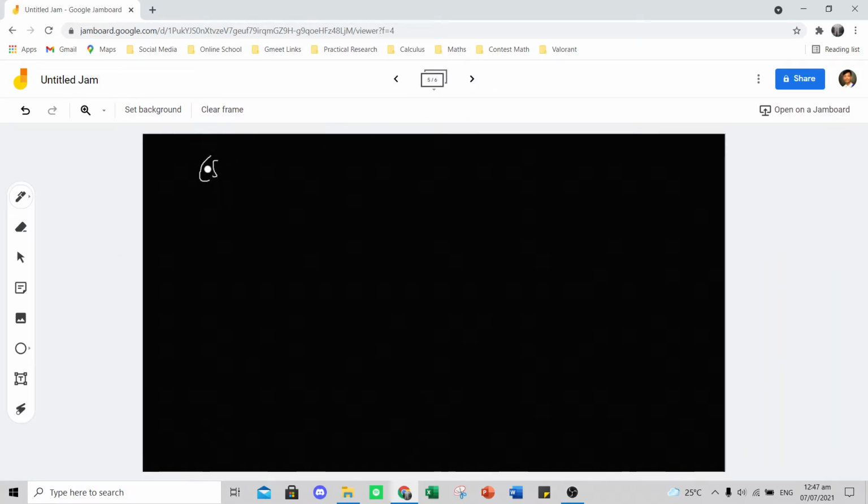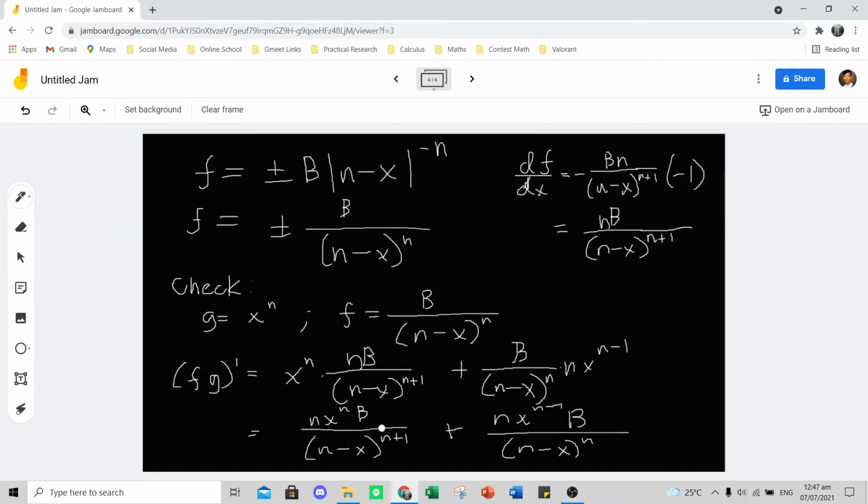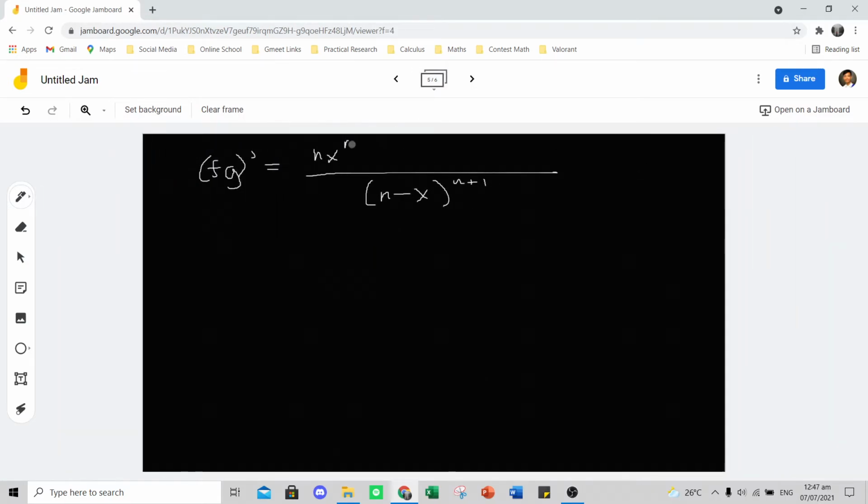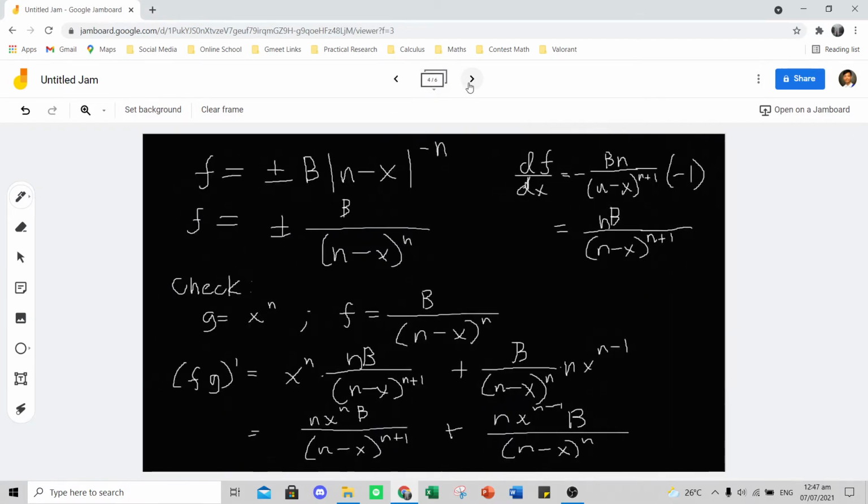So we end up with fg prime equal to, here, n minus x raised to n plus 1 in the denominator. And we can multiply by n minus x in the numerator of the second fraction and combine it with the numerator of the first fraction. So we have n x raised to n b, and then we add n times this, just n squared x raised to n minus 1 b, and then times negative x, right?